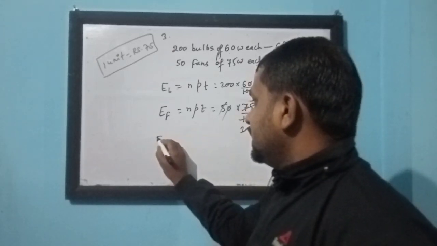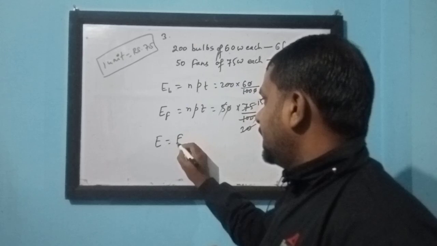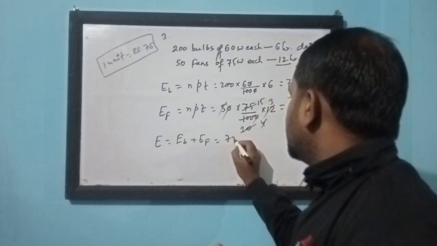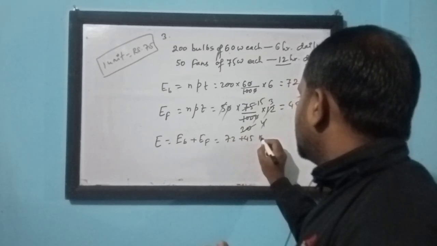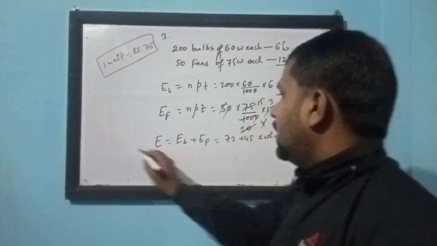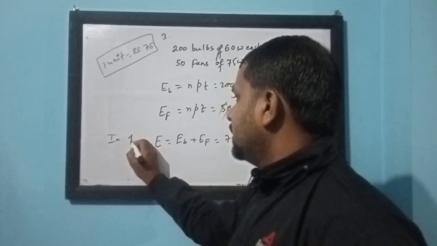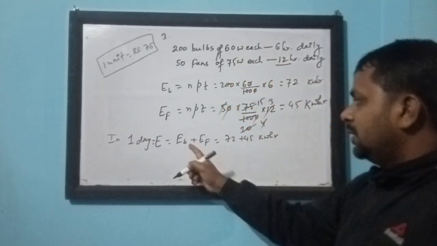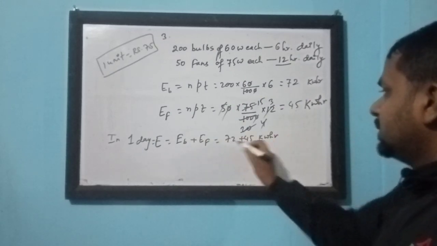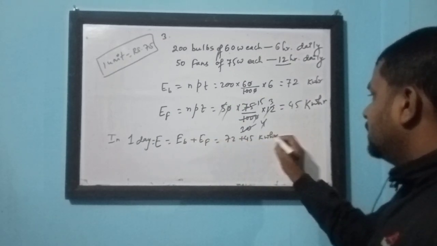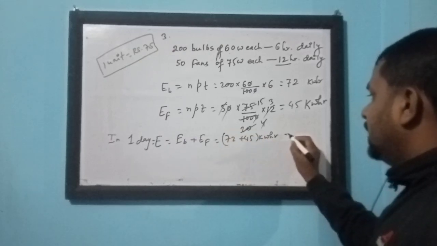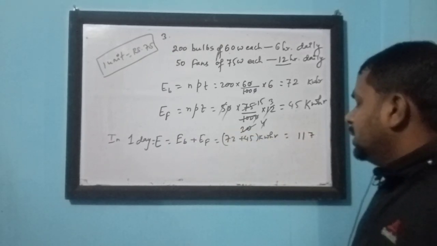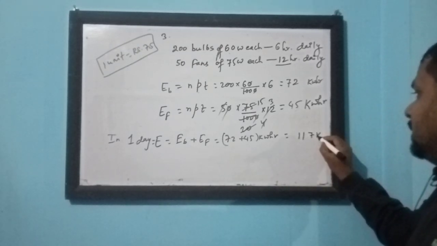Now the total energy used is equal to the energy by bulbs plus the energy used by fans, which is 72 plus 45 kilowatt hour in one day. In one day, the bulbs and fans use this much energy: 117 kilowatt hour.